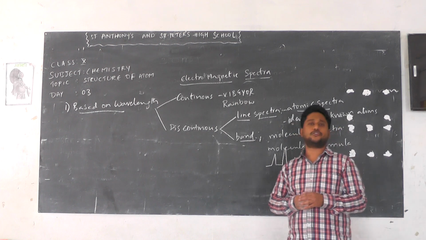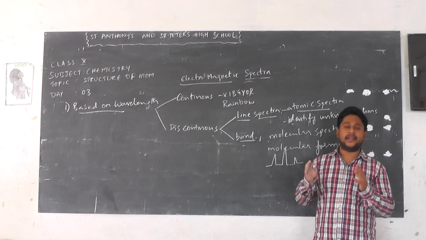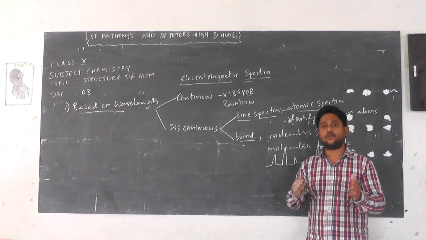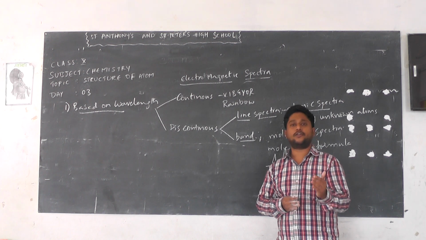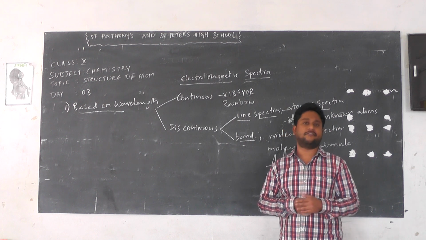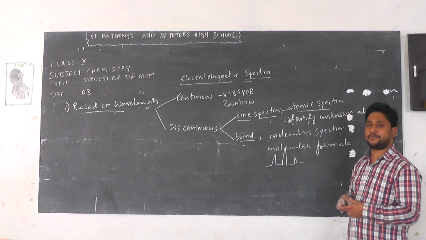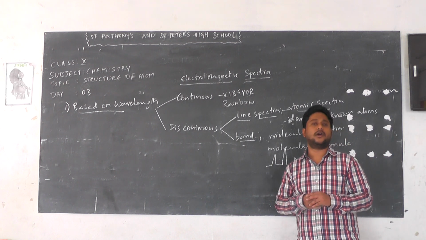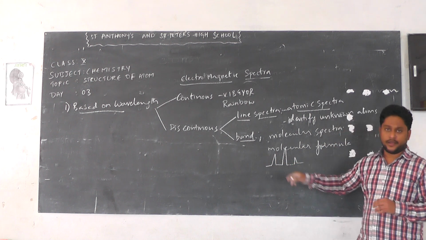Line spectra is used to identify unknown atoms, where atoms in the gaseous state exhibit only one color at a specific wavelength. And discontinuous band spectra, molecular spectra, is used to know the molecular compound and formula by giving sharp peaks and a broad base.